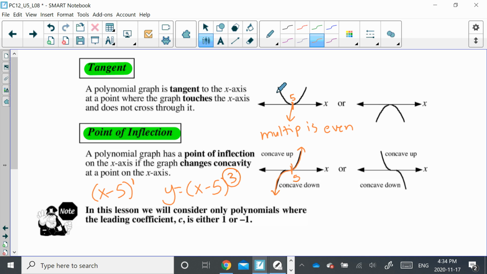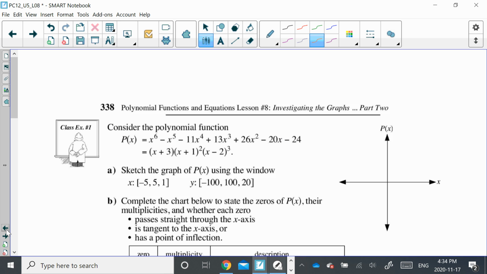Okay, so let's flip over to class example number 1. So go to page 338 and let's look at class example number 1. So it says, consider the polynomial function. It gives me this polynomial function in expanded form, and it gives me the polynomial function in factored form. So a few things that we're going to write down.